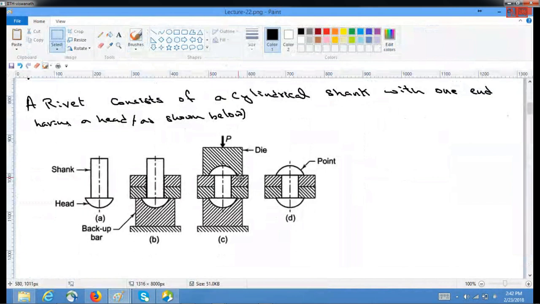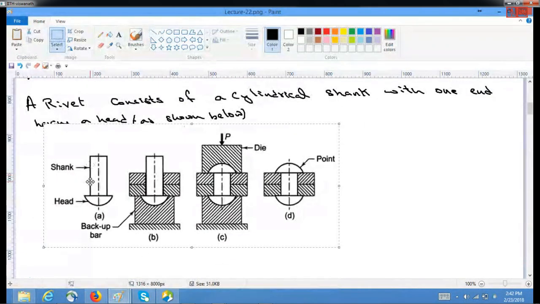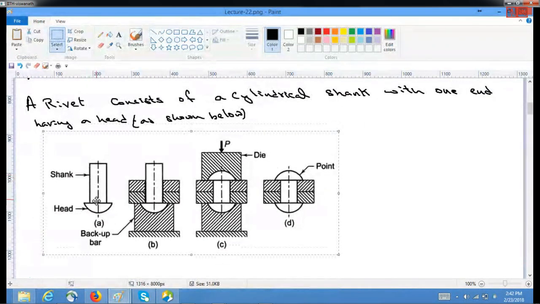If you look at it, this is the shank portion of the rivet and this is the head portion of the rivet.